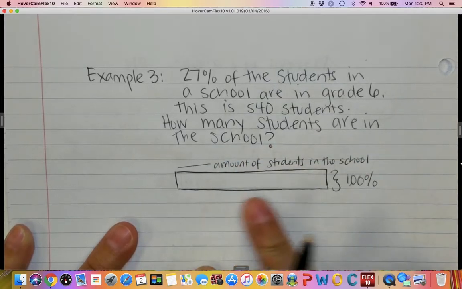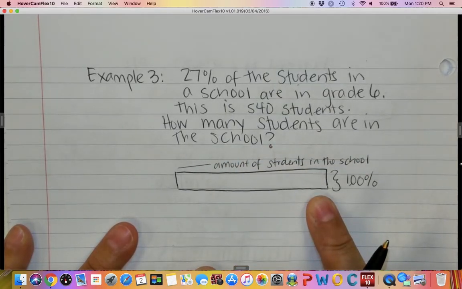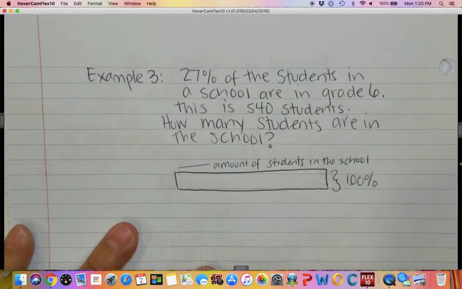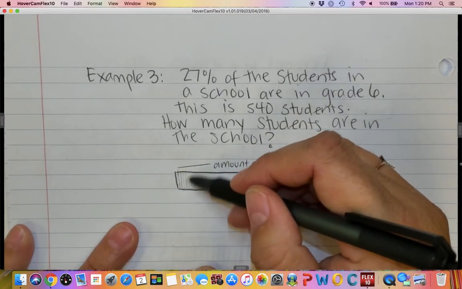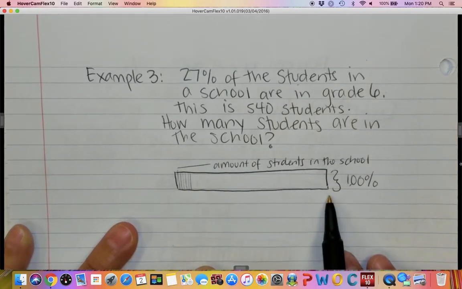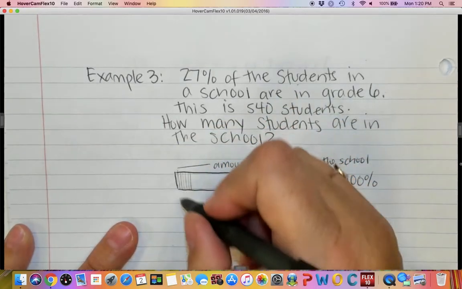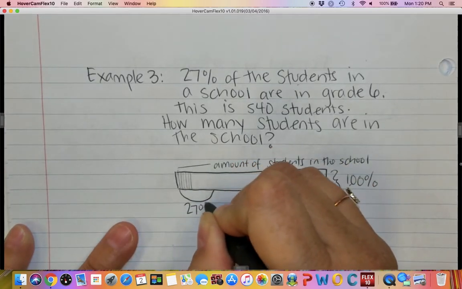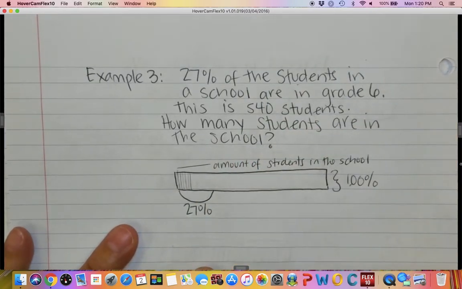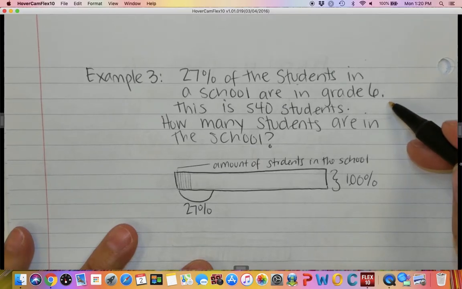That's what this bar represents. So if I pretend that I'm cutting this up into tiny little boxes that are each worth 1%, I'm going to get 27% that represent 6th grade.